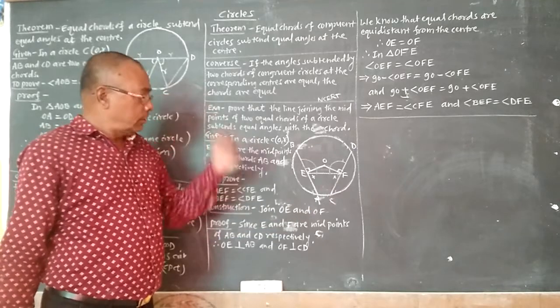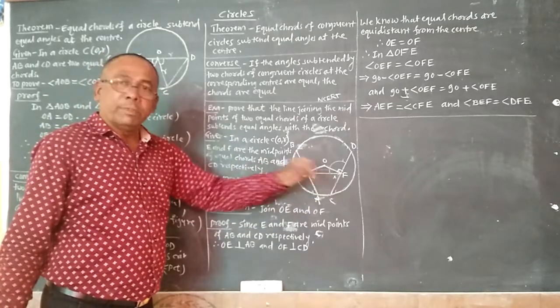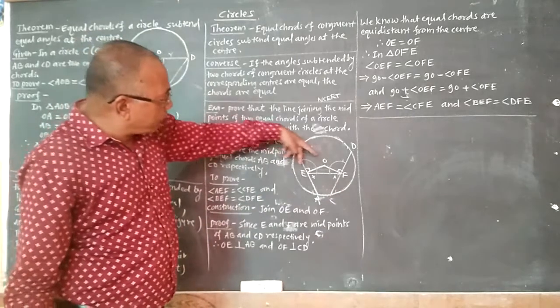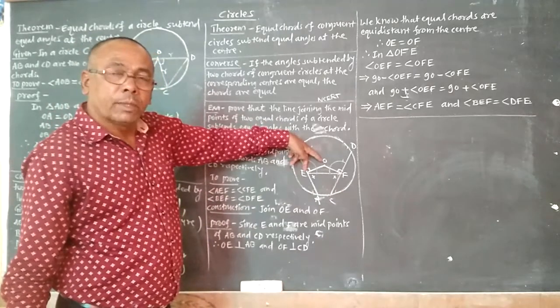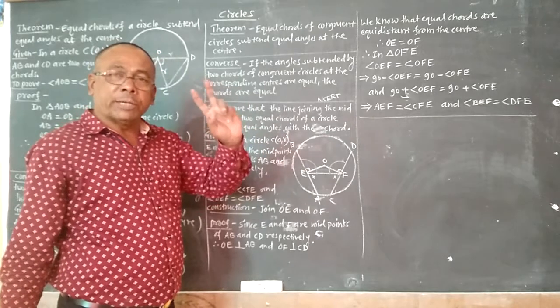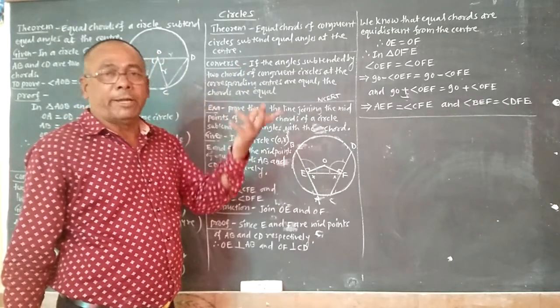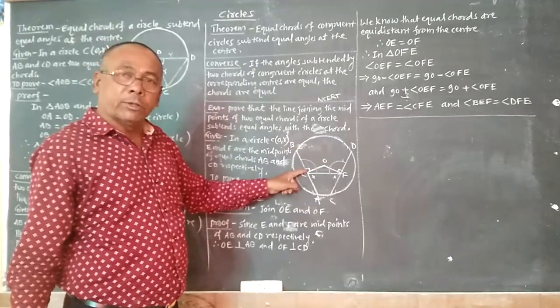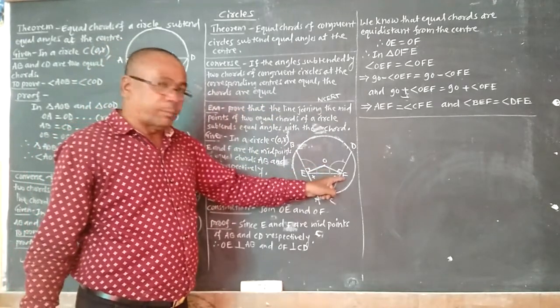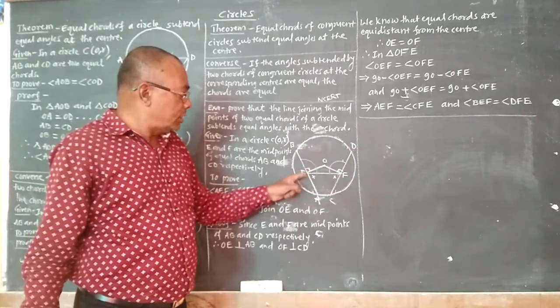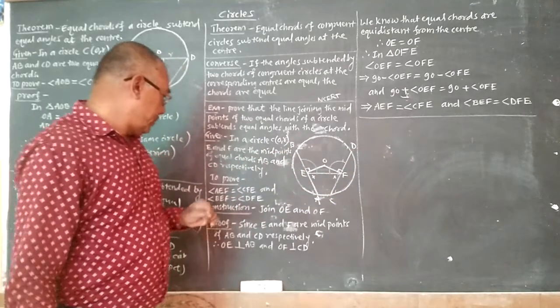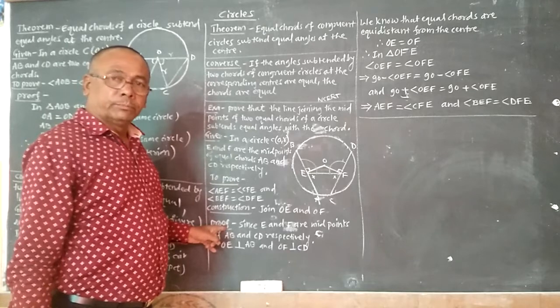Here we have joined OE and OF, which means the perpendicular is drawn from the center. We know that the line segment joining the center of the circle and the midpoint of the chord is perpendicular. So OE is perpendicular to AB, and OF is also perpendicular to CD. Now the proof.